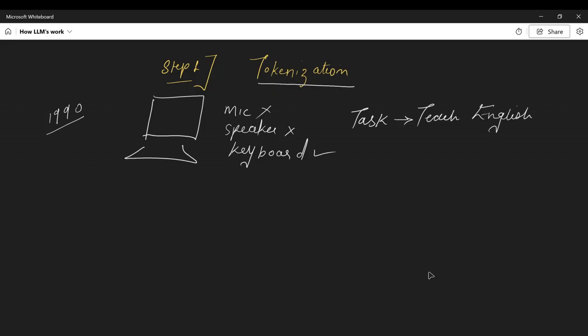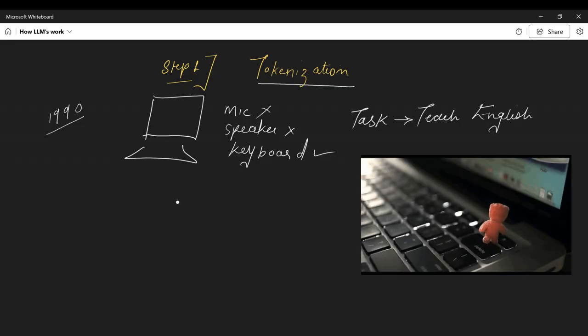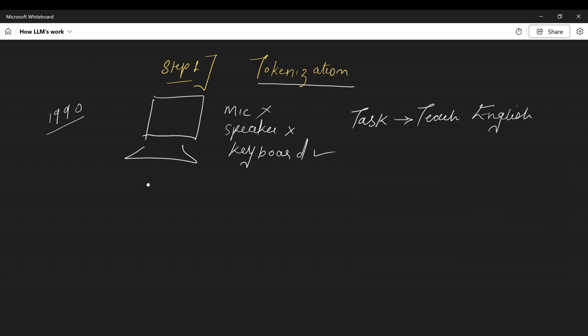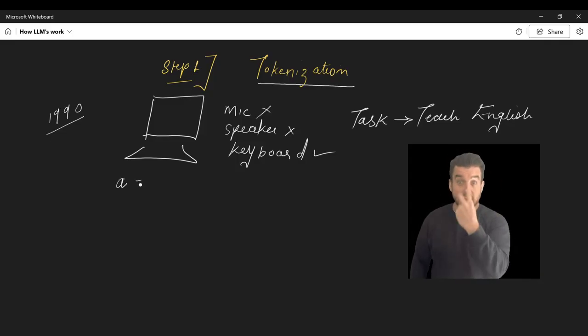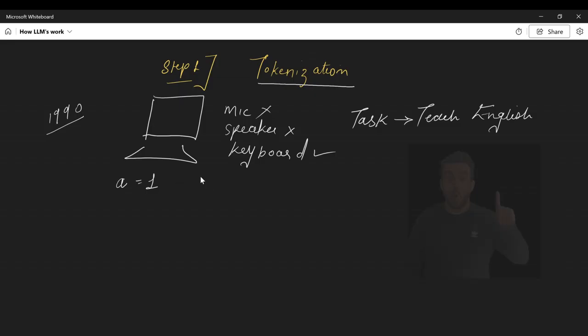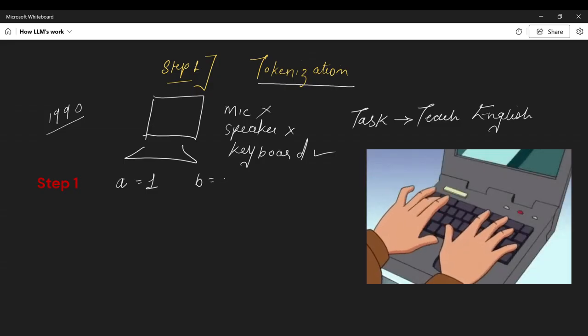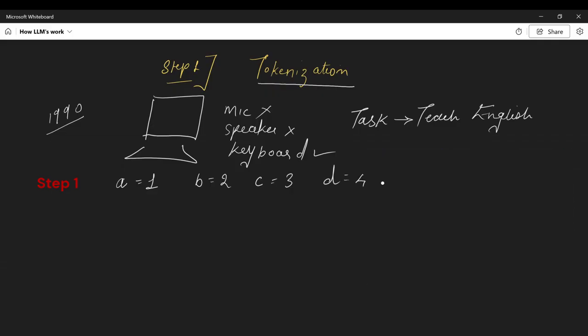You're aware that computers do not understand languages and anything it understands is only numbers. So you try to teach the computer by assigning each alphabet a number, like you assign 1 to A, 2 to B, 3 to C, and likewise. Post that, you need to teach words to the computer, which is step 2.